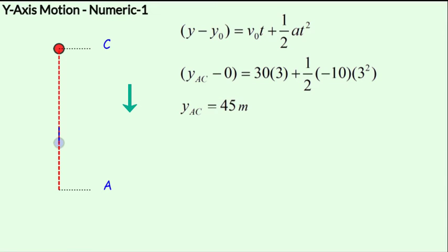So ball C is also launched vertically upwards, but is accelerating in the downward direction due to gravity. We are asked to find the separation in 3 seconds, so we find the displacement of ball C after a period of 3 seconds, and this turns out to be 45 meters.